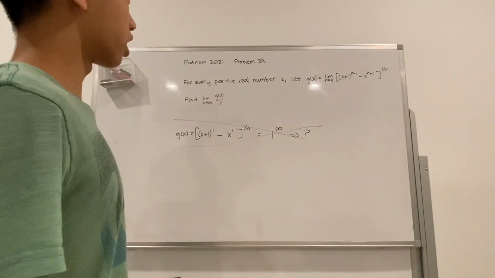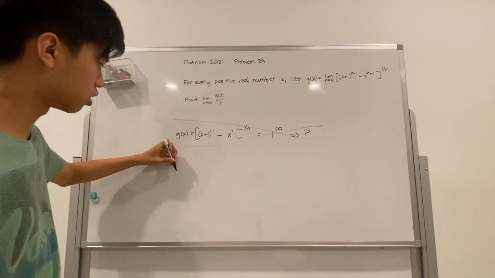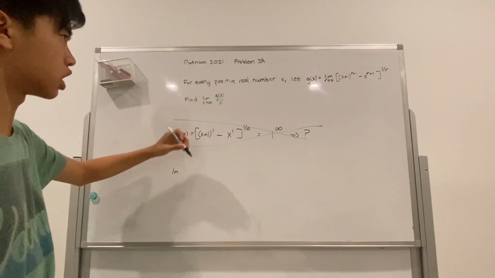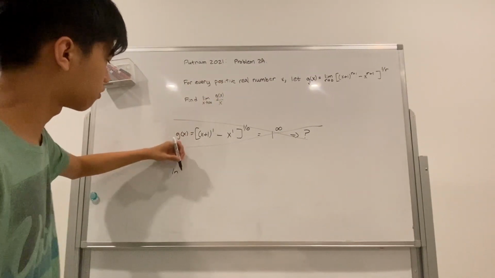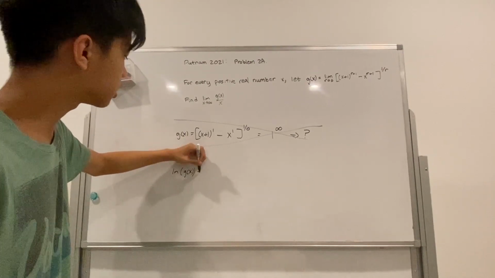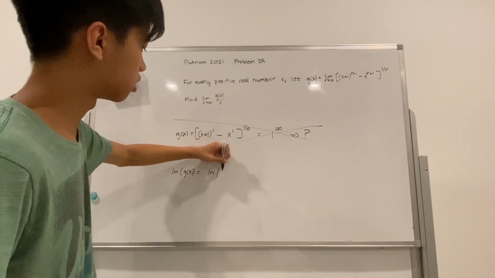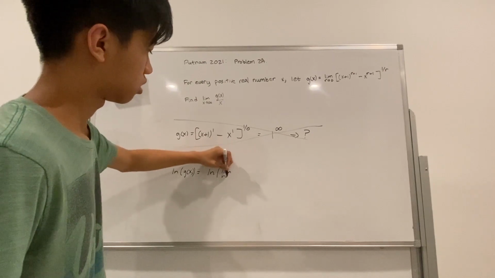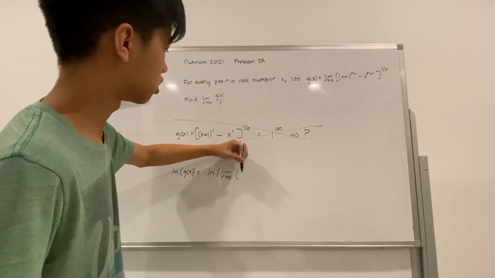So what we will start off with is taking the natural logarithm of both sides. Let's say we have the ln of g of x. That is equal to the ln of the limit of all of this stuff.